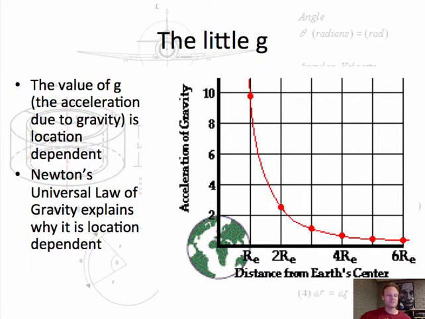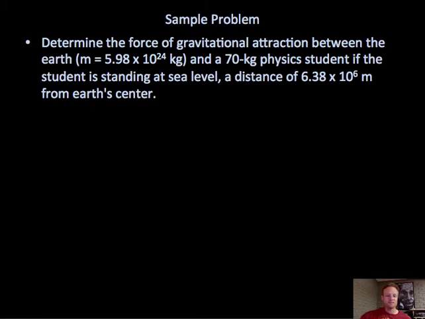All right, let's do some example problems where we apply this in a fashion that's meaningful in terms of what I might ask you for a test question. It says, determine the force of gravitational attraction between the Earth, whose mass is 5.98 times 10 to the 24th kilograms, and a 70 kilogram physics student, if the student is standing at sea level, a distance of 6.38 times 10 to the 6 meters from the Earth's center.